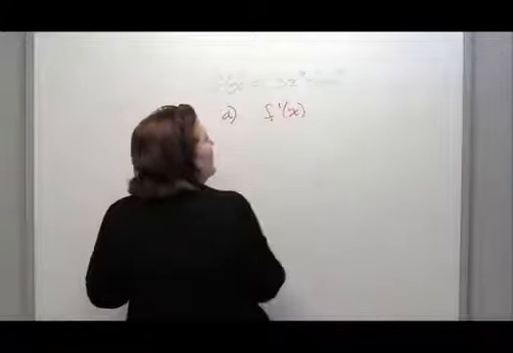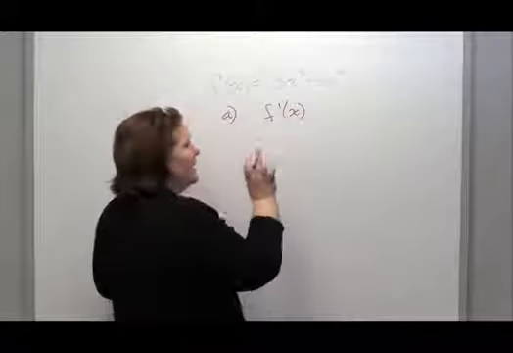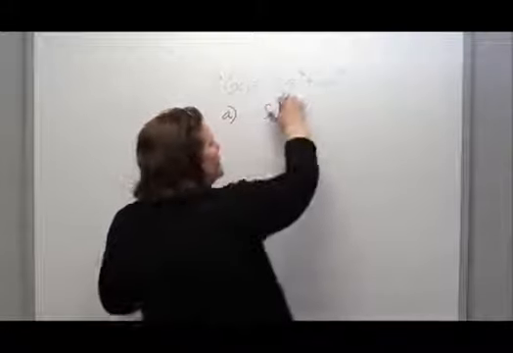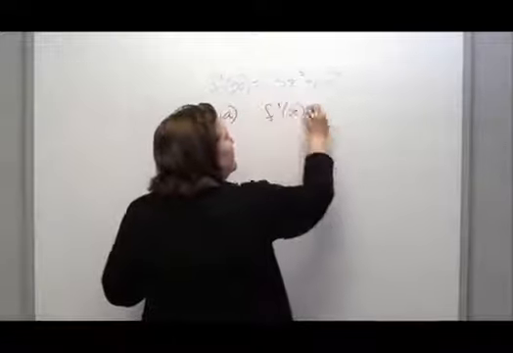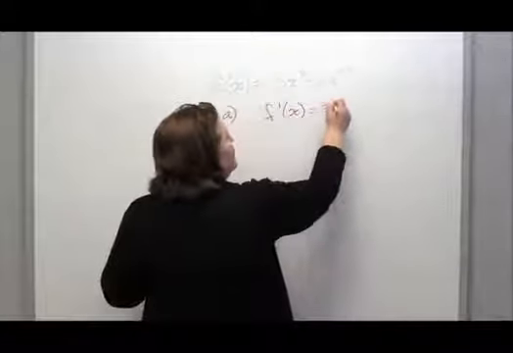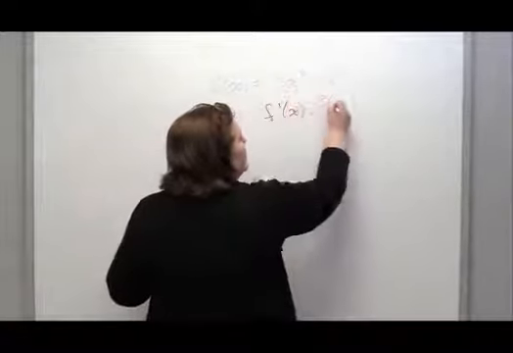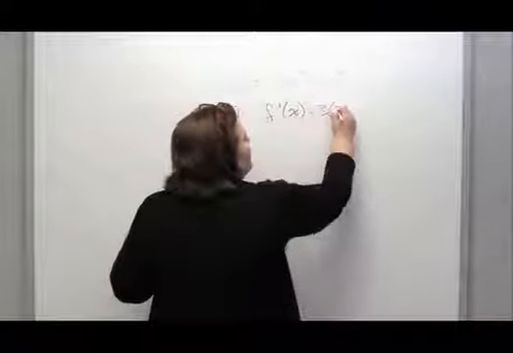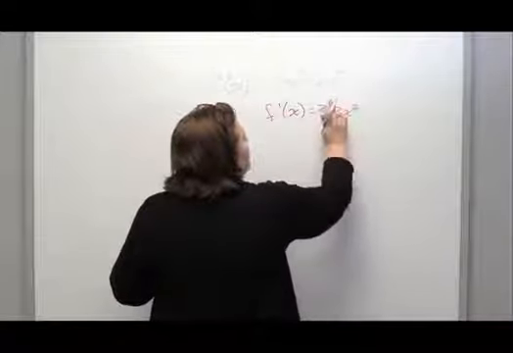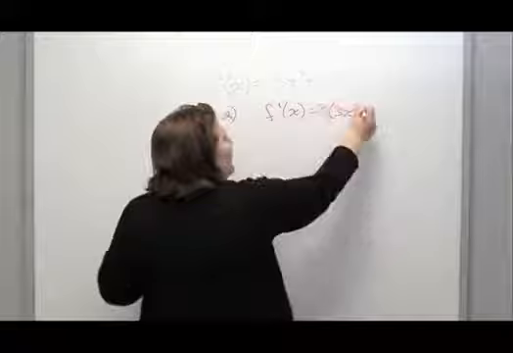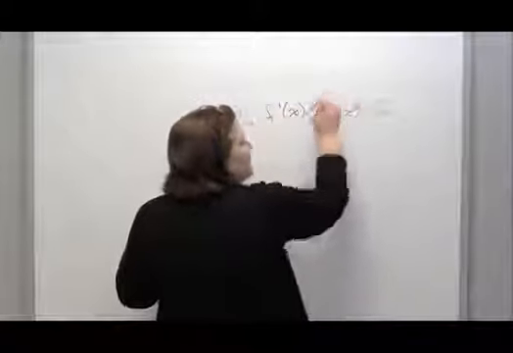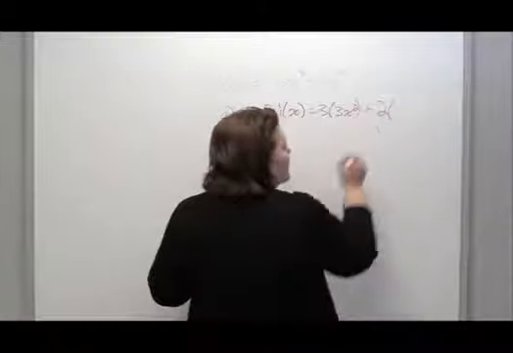To get that f prime, I'll write things out carefully, even though sometimes you might do this in your head, would be 3 times the derivative of x cubed, I'll put that in parentheses, 3x squared, and then plus 2 times the derivative of e to the x.